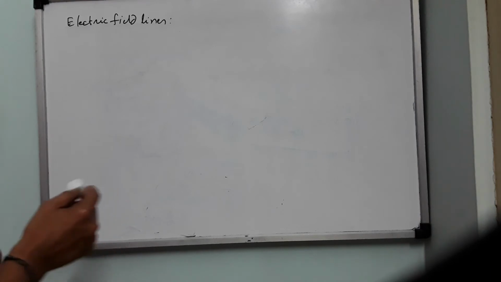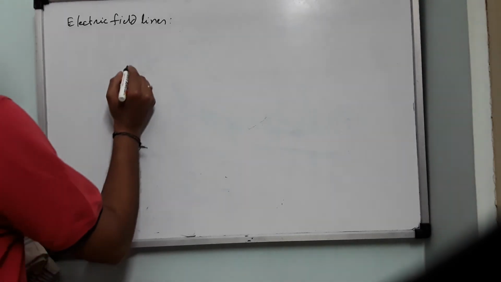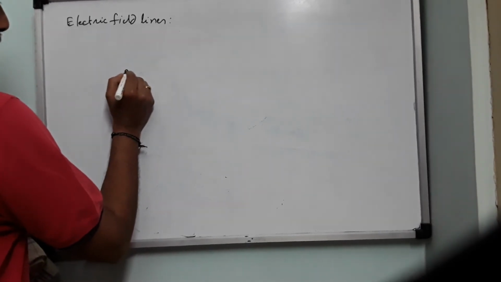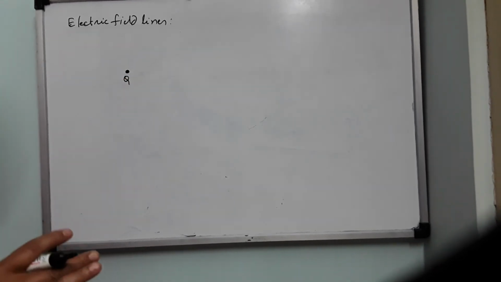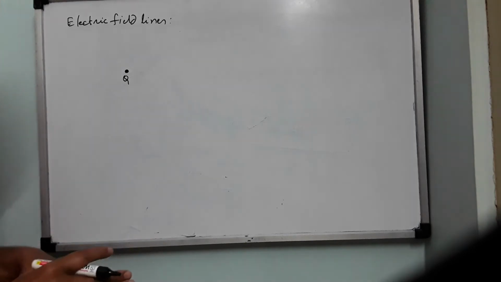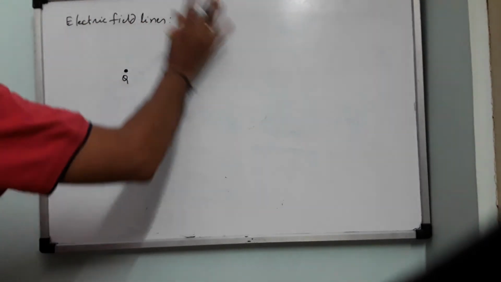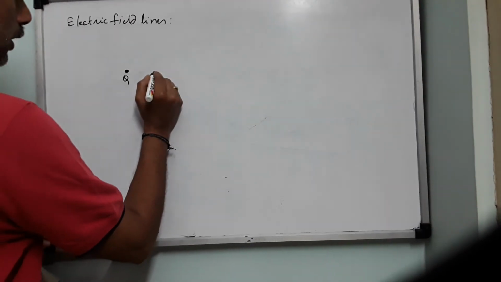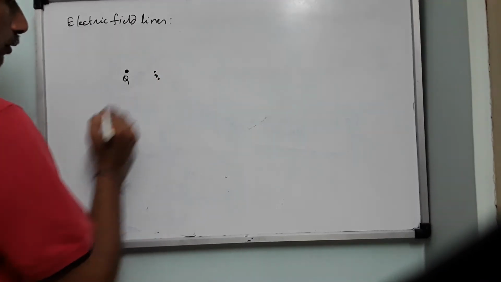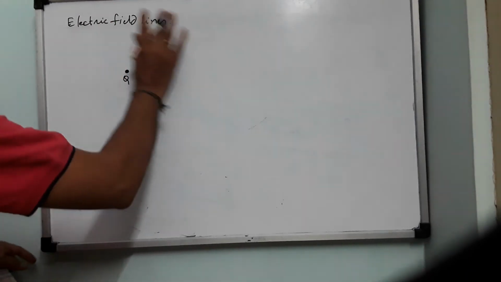Okay. So what is an electric field line? How do you actually conceive this idea? You see here, you have a source charge here, let us call it Q. Source charge, which can produce electric field somewhere here, right? So here is electric field. Now I place a test charge which is called Q naught in the electric field, right?